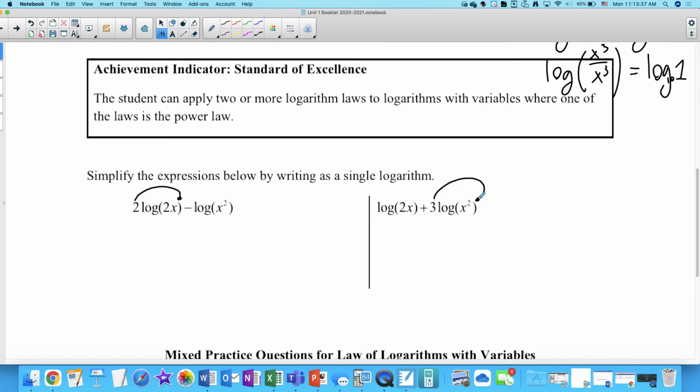This is going to become log of 2x squared minus log of x squared. And then you could even do it off to the side. 2x squared is 2x times 2x, squaring the whole thing. So 2 times 2 is 4. X times x is x squared.